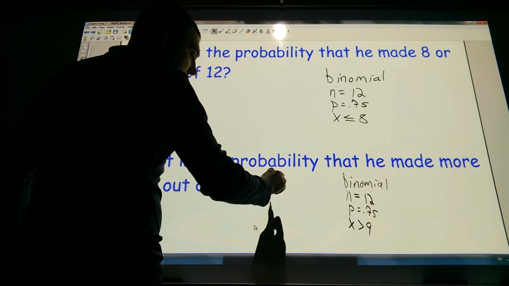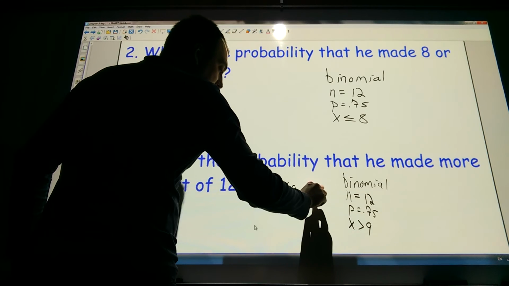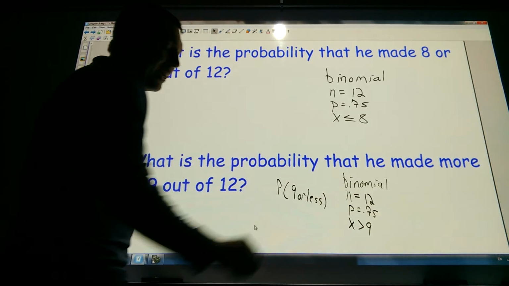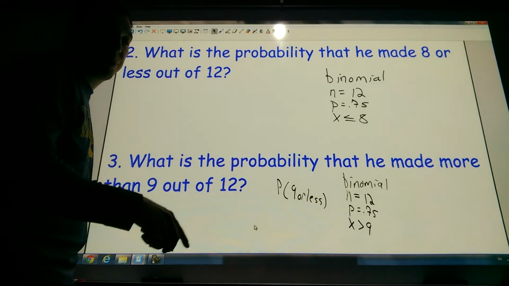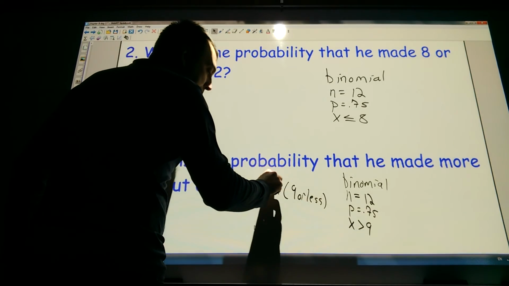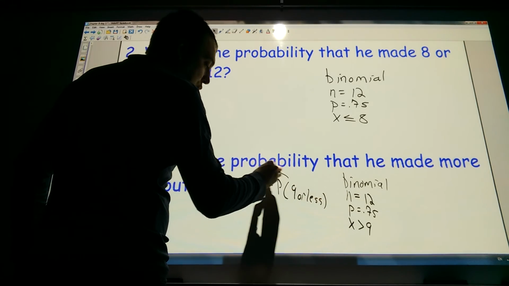So what we're going to do is find the probability of 9 or less. Now that's not my answer. My answer is not 9 or less, but it's the opposite of it. So we're going to do 1 minus the probability of 9 or less. This is what we are going to do.